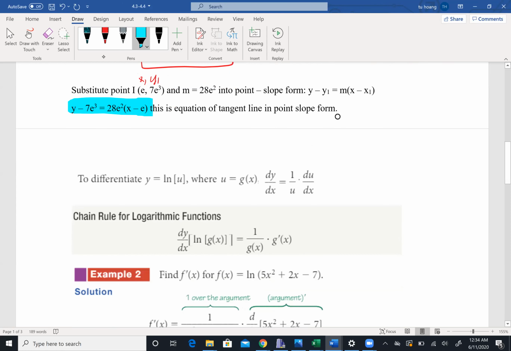Now, the question is, what about question 2? How can I take a derivative of a composition function, a combination of a function and the natural log function?